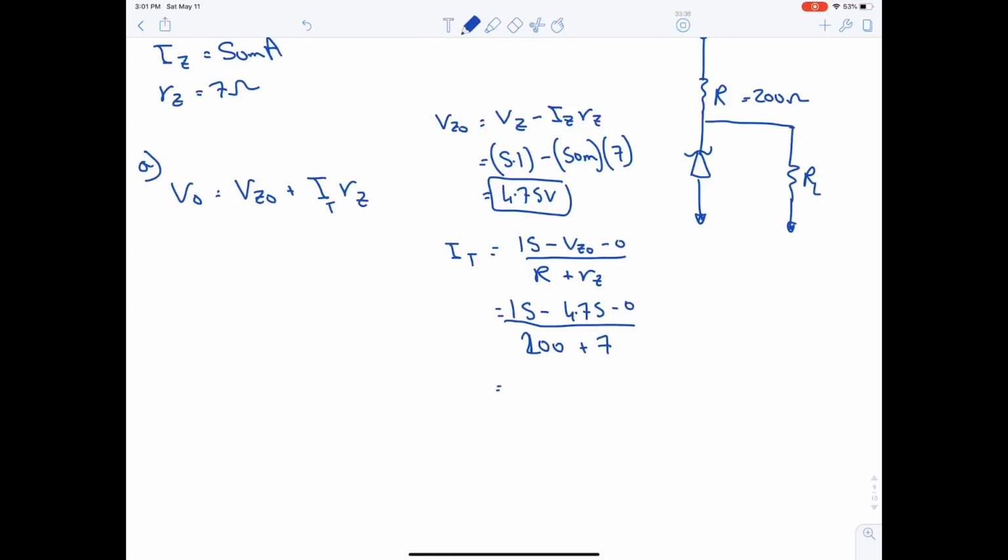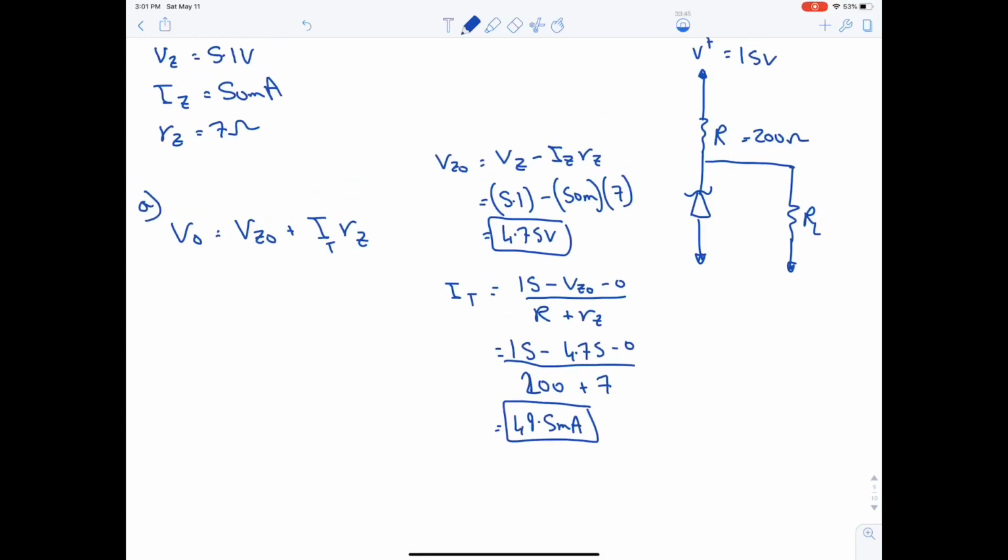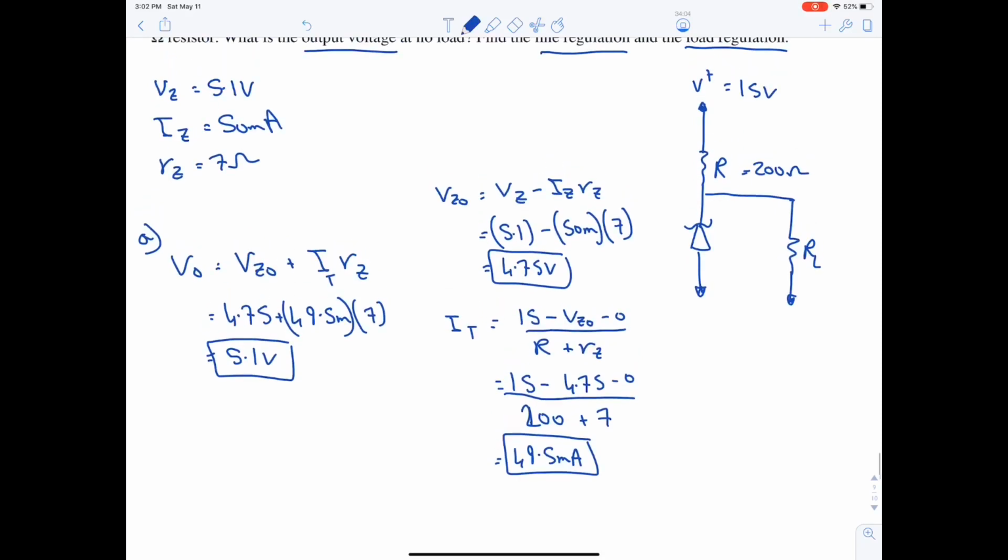This will give us 49.5 milliampere. After finding Vz naught and I total, we can compute V naught: Vz naught plus 49.5 milli multiplied by 7. This will give us 5.1 volt. Okay, now it's more accurate than 5.1. I think it's 5.109, something like this.